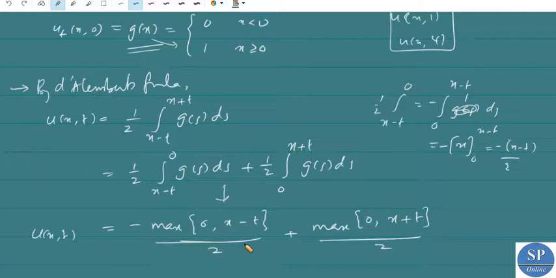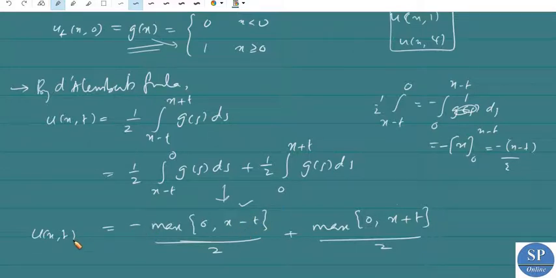Now since both the forward wave and the backward wave are piecewise linear, we know g(x) is a piecewise linear function.